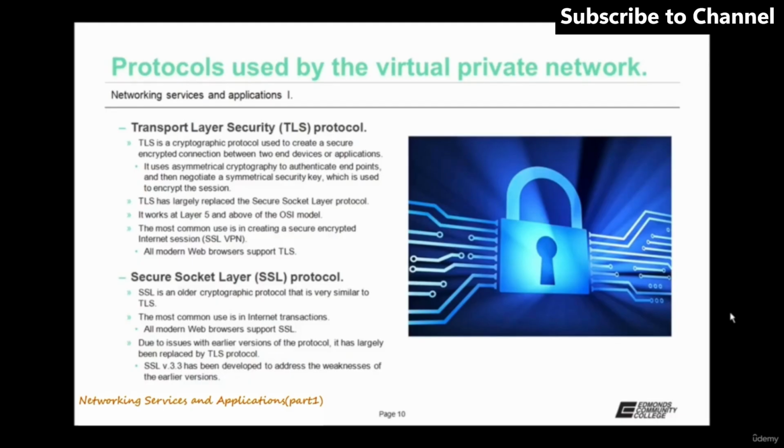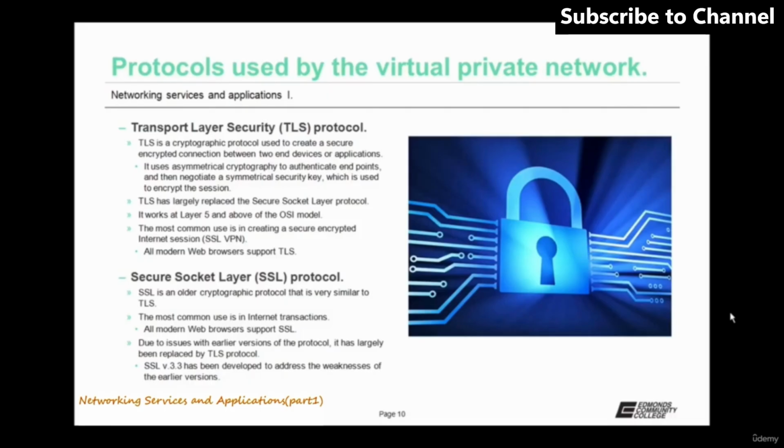TLS has largely replaced its cousin, Secure Socket Layer Protocol, and TLS works at layer 5 and above of the OSI model. Its most common usage is in creating a secure encrypted internet session, or SSL VPN. All modern web browsers support TLS.